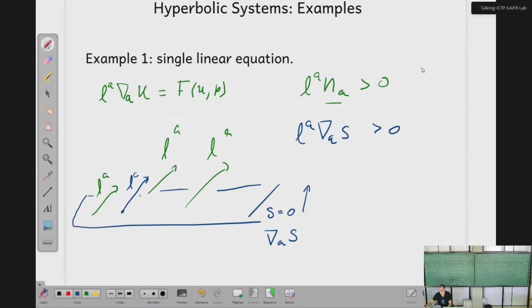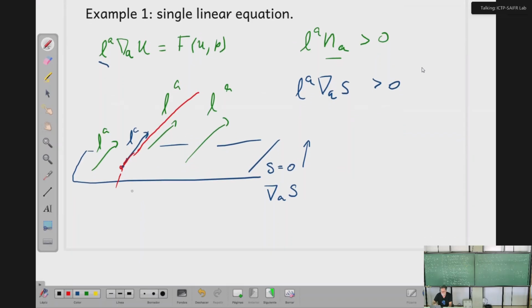So once you have that, what do you do? Well, given a vector L, what you can do is to compute the integral curves of that vector, right? So the integral curve will be something like that. We'll come here, and we will, let's say, this curve. So now you have a curve here that you parameterize with some value lambda.